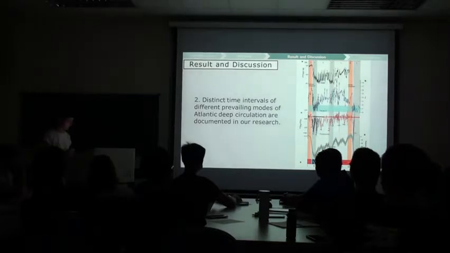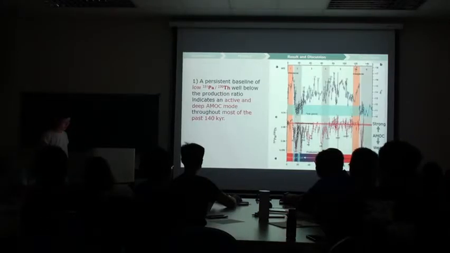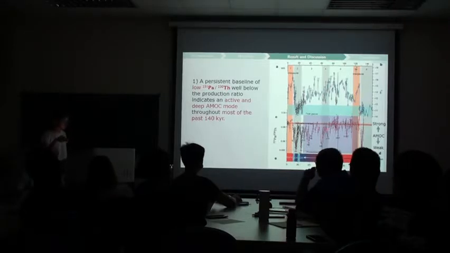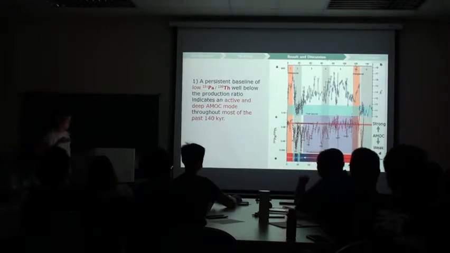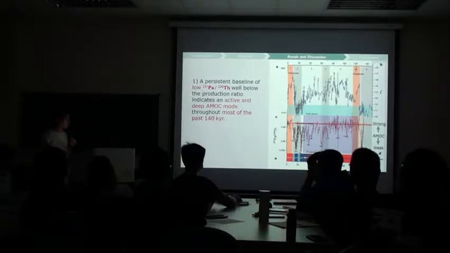Next, we distinguish time intervals of the different prevailing modes of Atlantic deep circulation documented in our research. First, we look at this part, which has a low protactinium thorium ratio, and so it indicates an active and deep AMOC mode throughout most of the past 140,000 years.